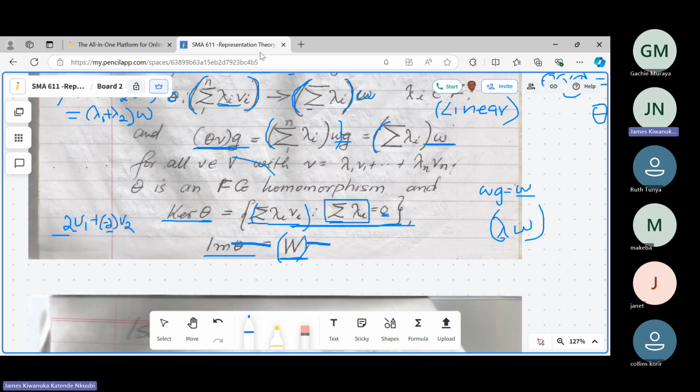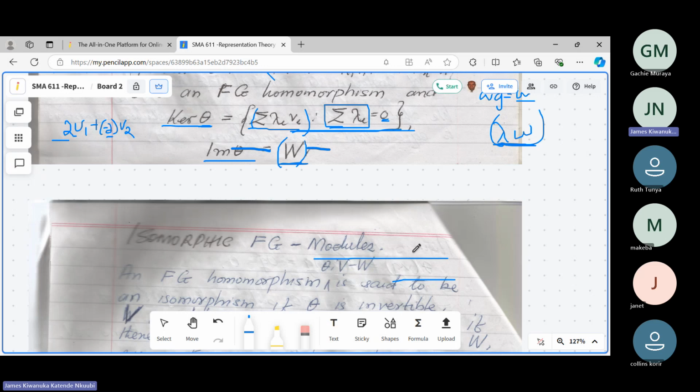And those n different numbers will give you an element from V that is mapped onto this element in W. Is that clear? So there's some detail you can add more. I've talked about it, but it's not written on the board. You can add it in your own time.